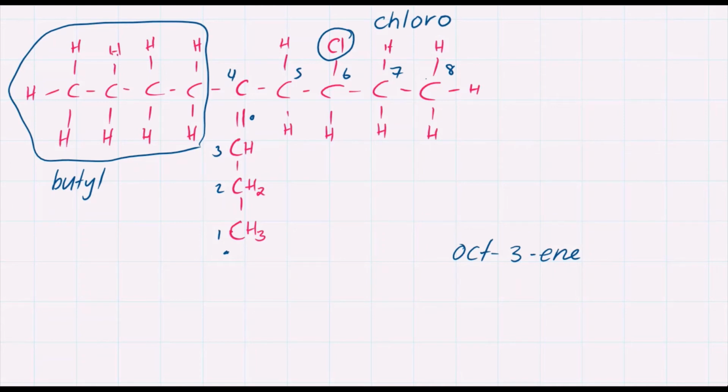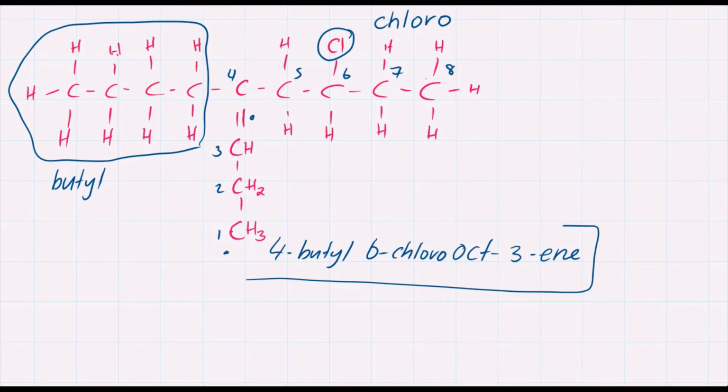Okay, so in terms of naming this bad boy, B comes before C. So 4-butyl, 6-chloro, oct-3-ene.